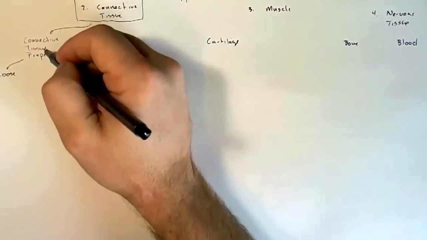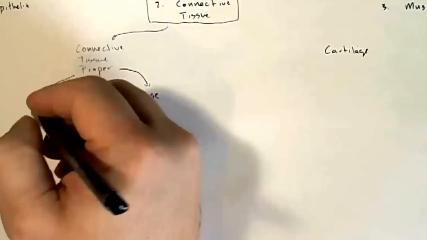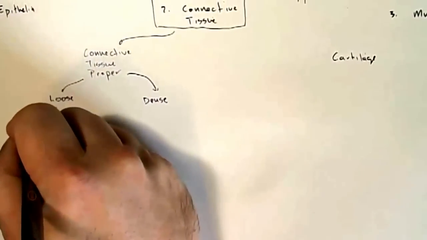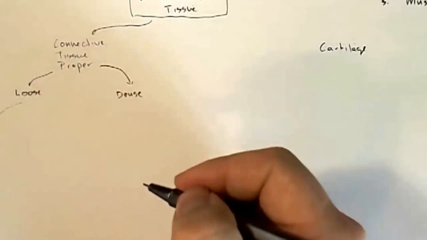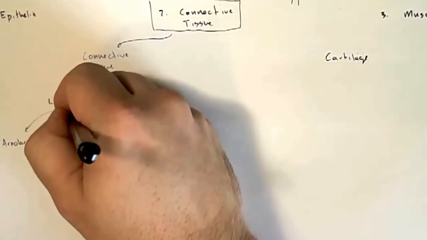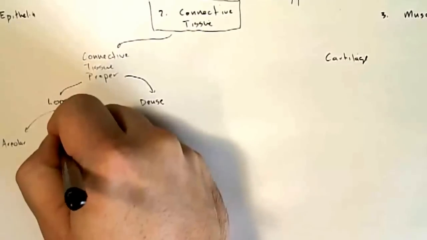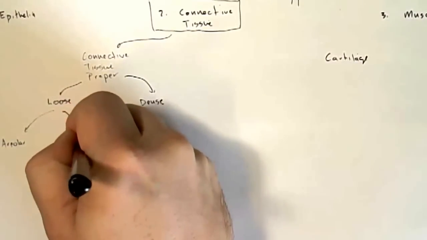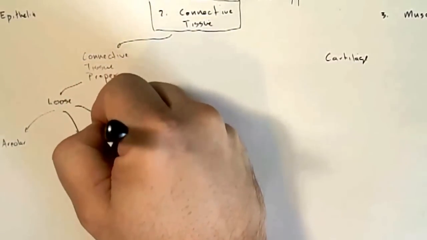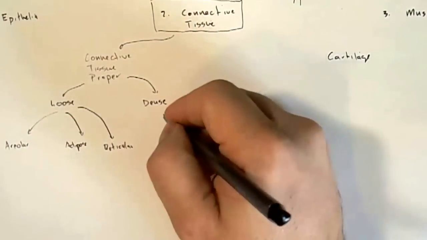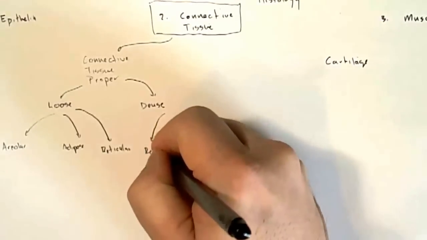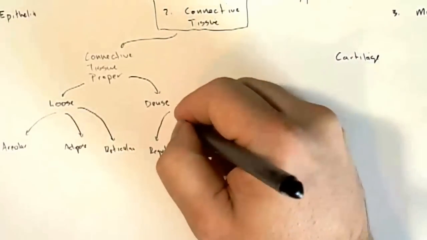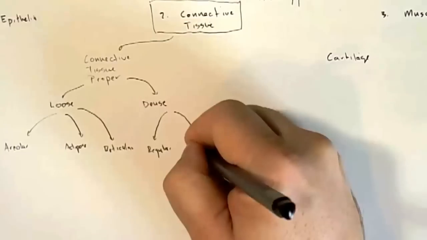The different types of loose connective tissue proper are areolar, adipose, and reticular. The different types of dense are regular and irregular.